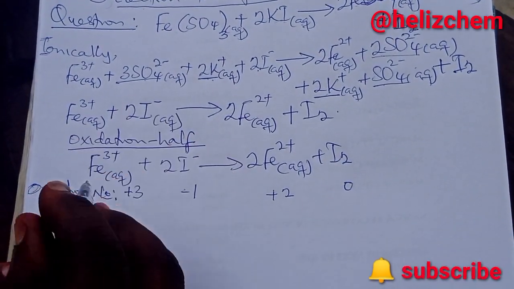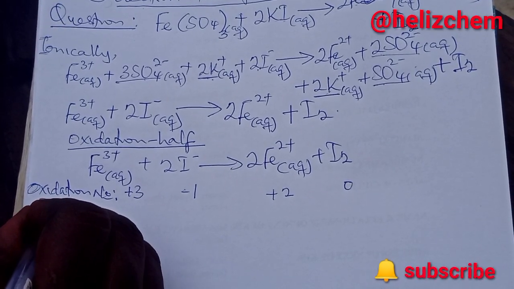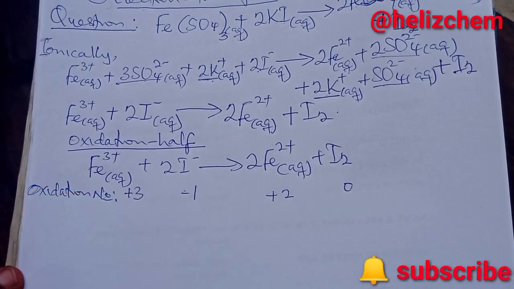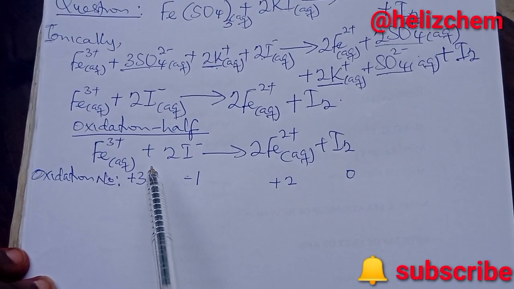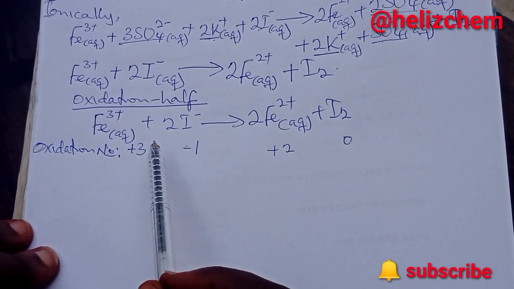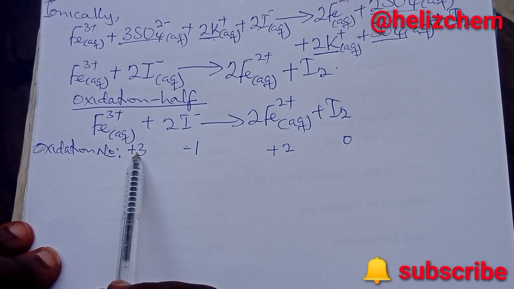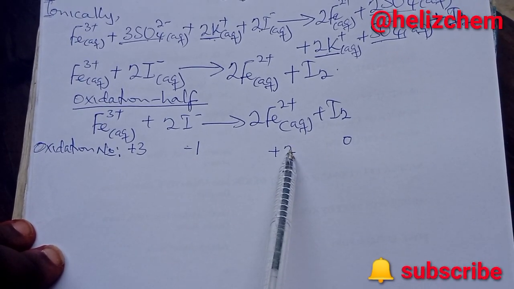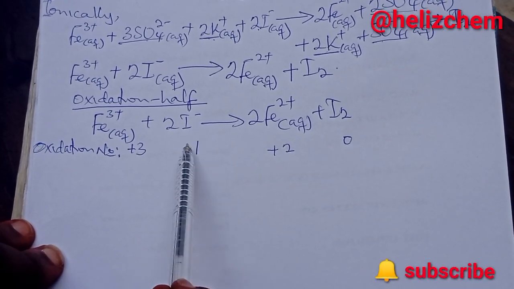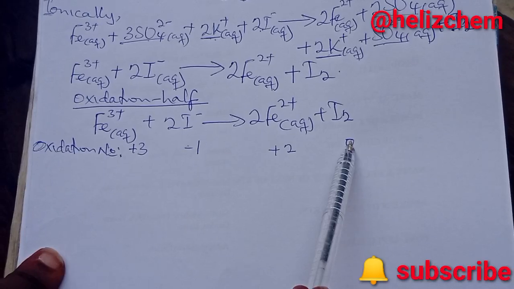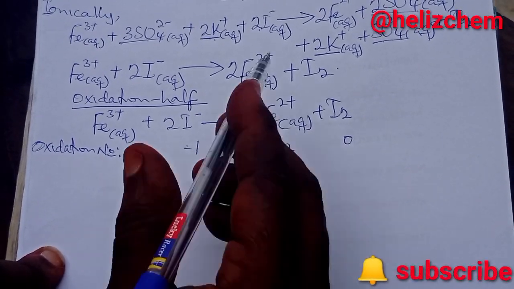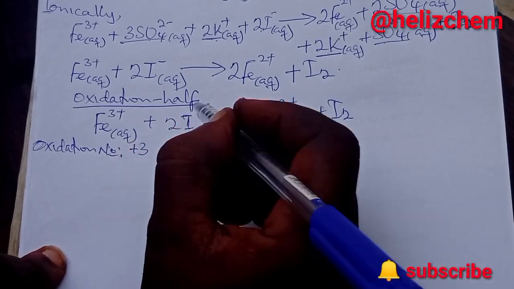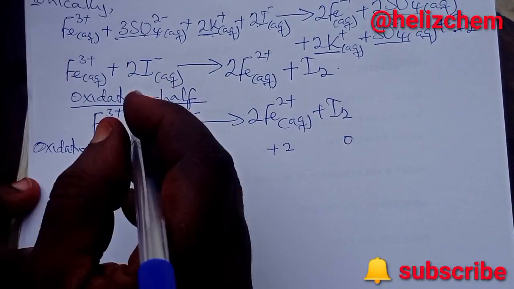So by definition 1, which is increase in oxidation number, which one increases? You will see that this is plus 3 to plus 2, that is a decrease. This is minus 1 to 0. So we have an increase in oxidation number from iodide ion to iodine molecule.